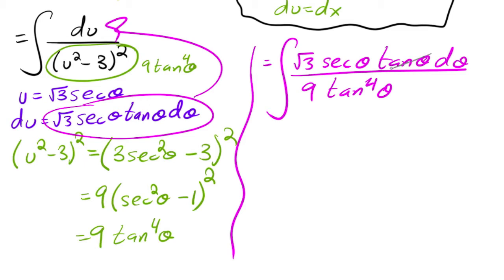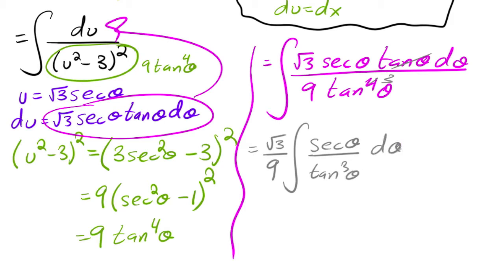Okay, so let's do some simplifications here. This is going to equal square root of 3 over 9, the integral of secant theta over tangent cubed theta d theta.